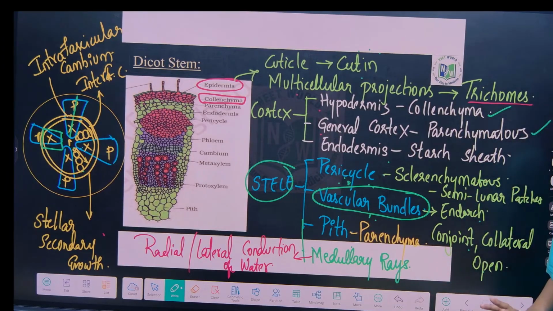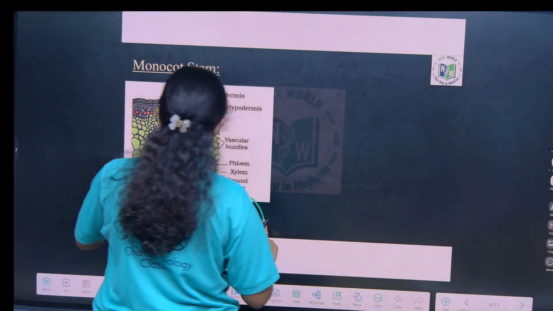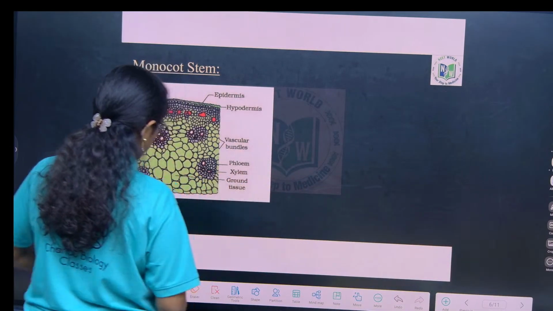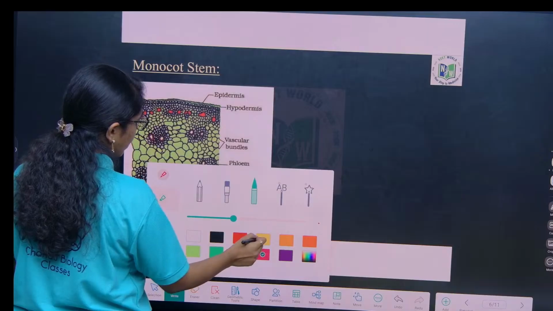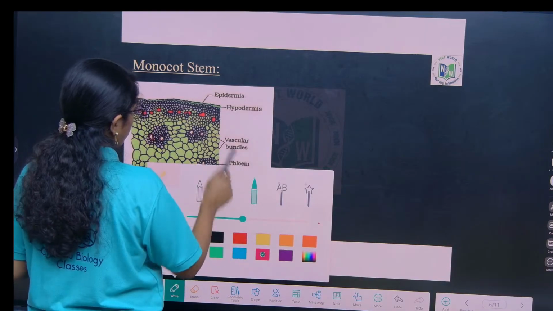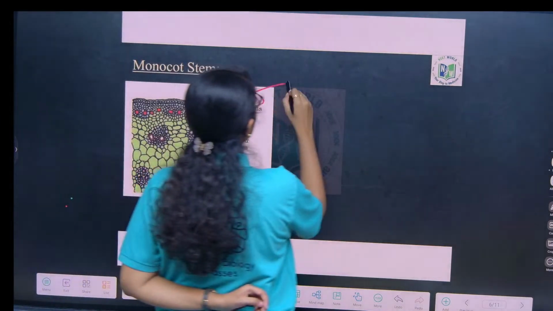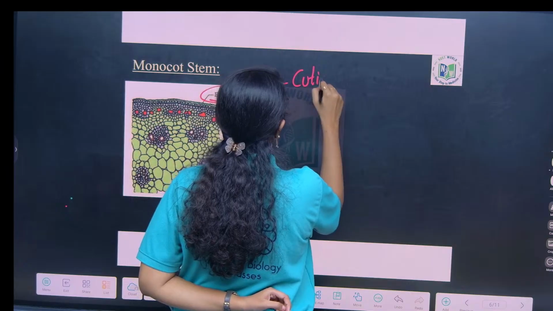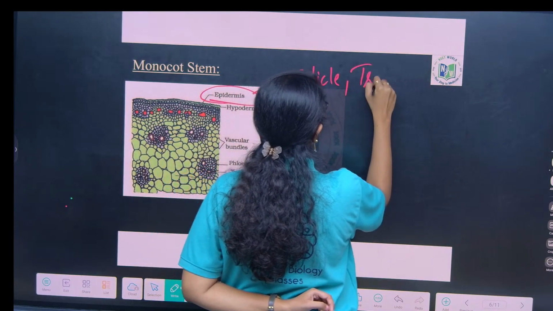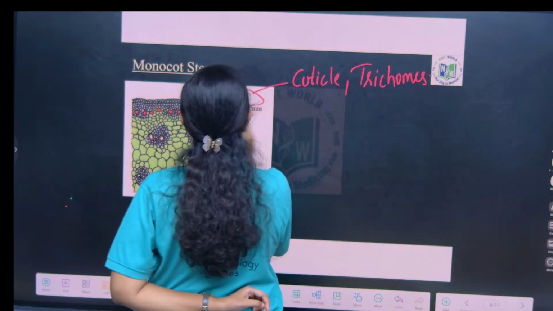Next, can we go to monocot stem? Yeah, monocot stem, listen here. Here also the epidermal tissue system or epidermis description is same as that of dicot stem. It has cuticle present and trichomes also. Below that you have hypodermis.